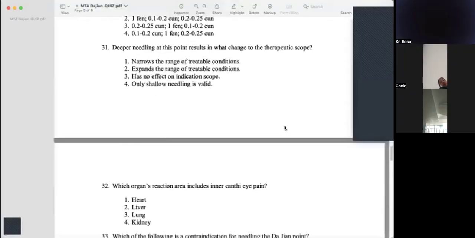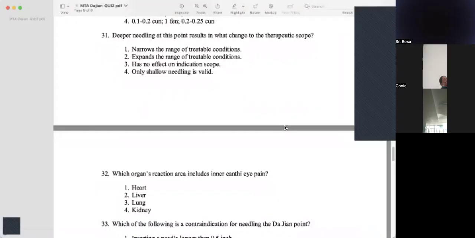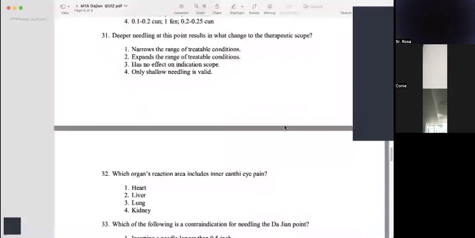Deeper needling at this point sa Dajian results in what change to the therapeutic scope? Deeper needling expands the range of treatment. So if you want to treat the hernia and the pain, okay.